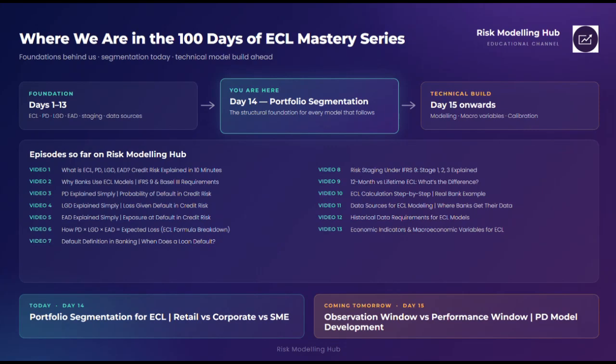Days 1 to 13 established the foundation: PD, LGD and EAD concepts, staging logic, and data sourcing. And today marks day 14, where you are learning portfolio segmentation, the structural foundation for every model that follows. From day 15 onwards, the technical build accelerates: modeling macro variables, calibration methodology, and forward-looking adjustments. So, observation window versus performance window will be my next topic to cover from day 15.